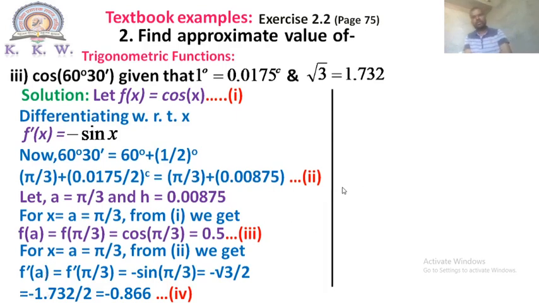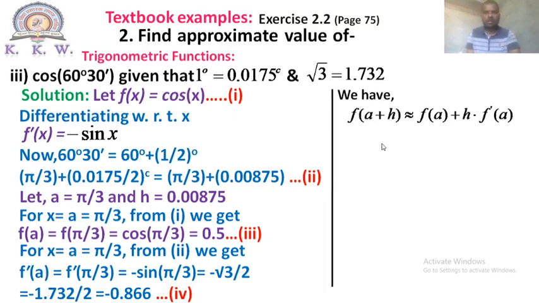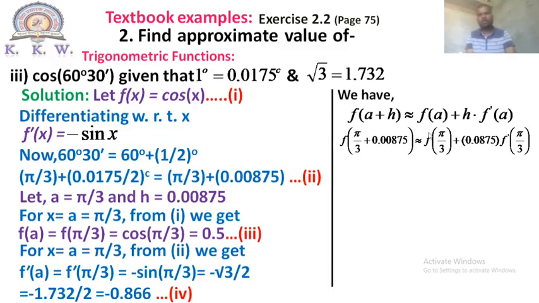After finding the value of f of a and f dash of a, we put them in the formula of approximation. F of a plus h is approximately equal to f of a plus h into f dash of a. Therefore, f of pi by 3 plus 0.00875 is approximately equal to f of pi by 3 plus 0.00875 into f dash of pi by 3. F of pi by 3 is 0.5.